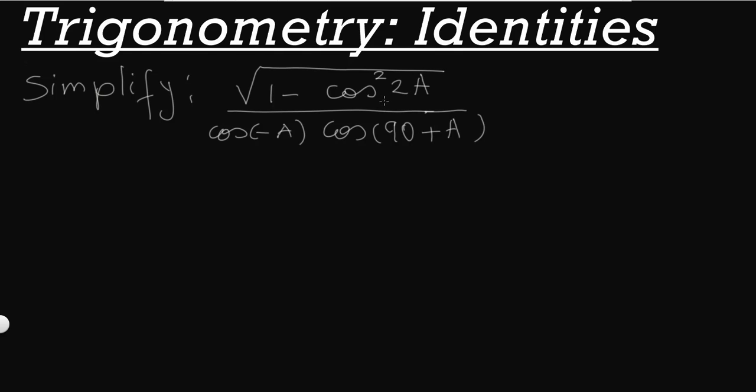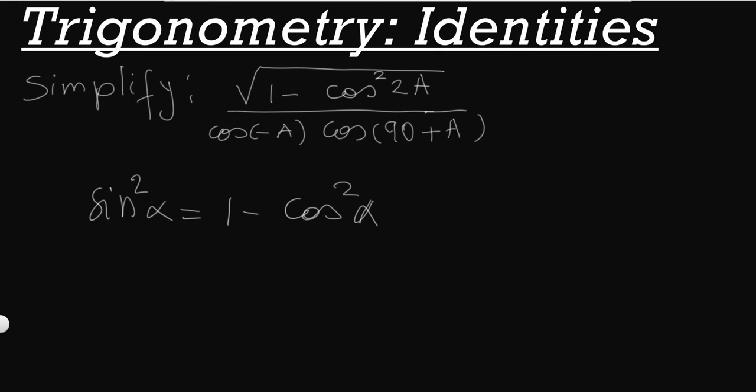What you do here, you remember the identity that says sine squared alpha equals 1 minus cos squared alpha. So don't think about the double angle first.